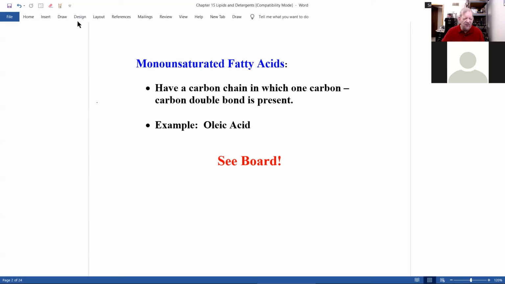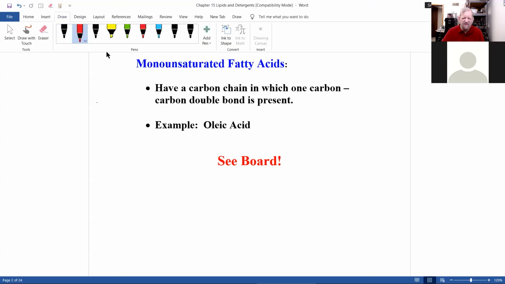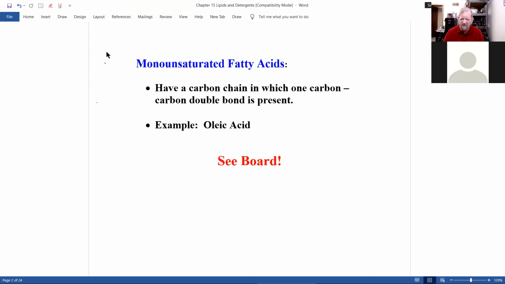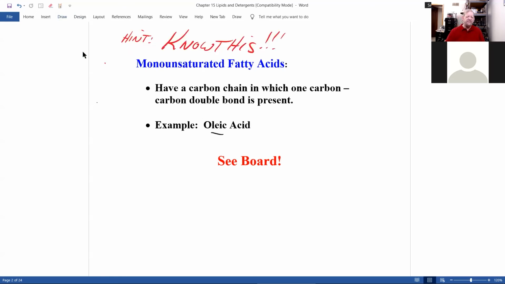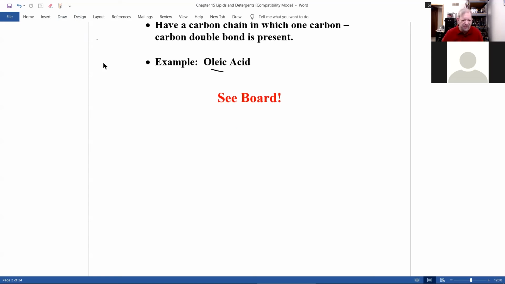So a monounsaturated fatty acid is a carboxylic acid that has at least one carbon-carbon double bond. And the one I'd like you to know is oleic acid. And oleic acid, right underneath this, has the following structure.